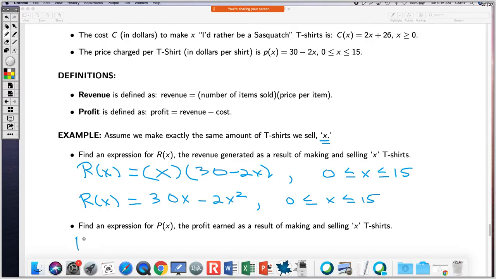Now to get the profit function, we take our revenue and we subtract off the cost. So we're going to substitute in our expression here for the revenue and subtract off our expression for cost.